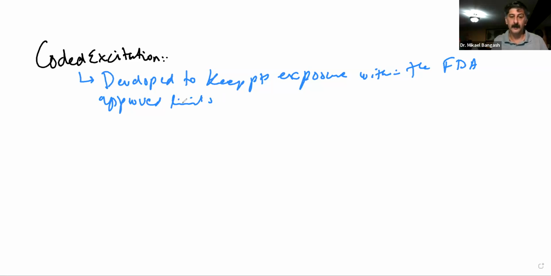And why did the FDA approve the level of exposure of sound waves? Mainly to minimize bioeffects.